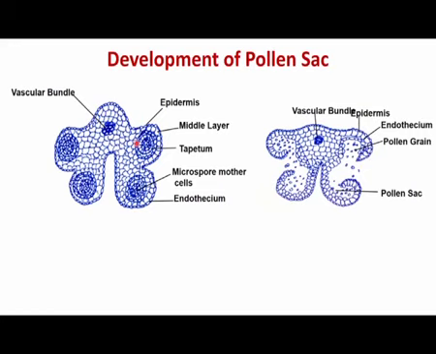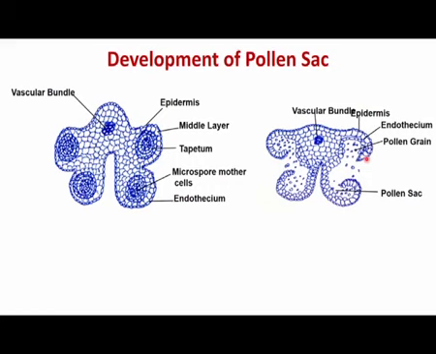The wall layers from the periphery to the center have multiple cells. The outer cells you can see here are called the endothecium, a single layer of cells, and outside the endothecium you have a single layer of epidermis.